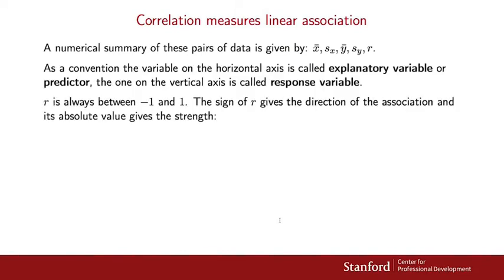When we plot these pairs x and y, we always use the convention that whatever goes on the horizontal axis is called the explanatory variable or predictor, and the one which goes on the vertical axis is called the response variable.